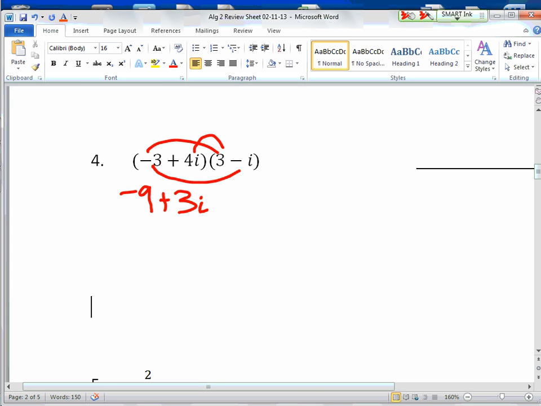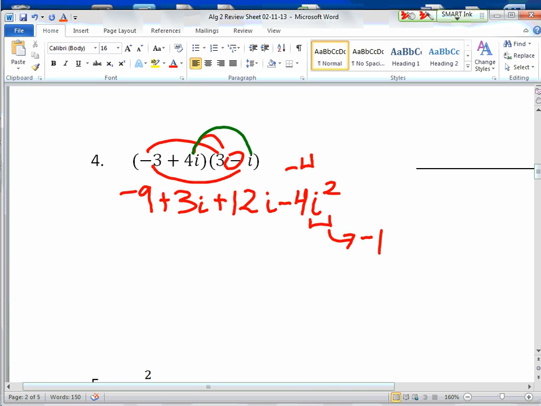Inner, 4i times 3 gives us 12i. And lastly, 4i times -i gives us 4i squared. Oops, -4i squared, because positive times negative. Okay, so once again, i squared just becomes -1. So here we have -4 times -1, which will give us positive 4.